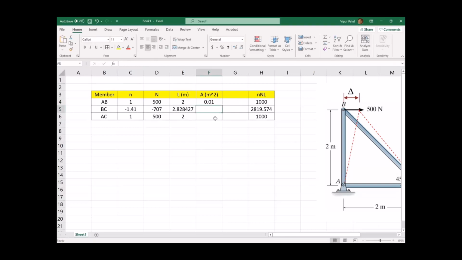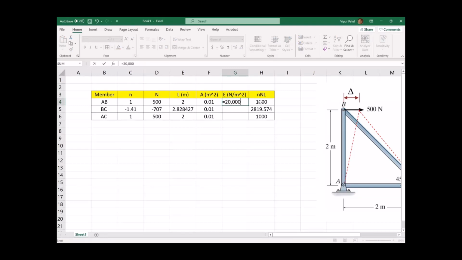So that gives you this, and area is the same. So that is Young modulus, and that is area. Let's say Young modulus in Newton per meter square. So you have 20,000.